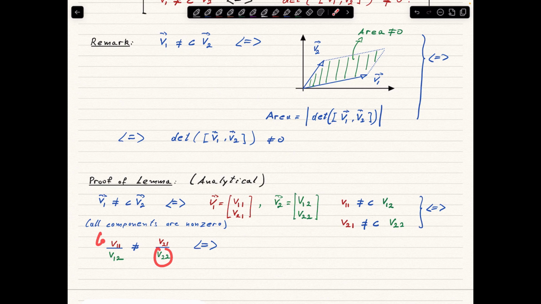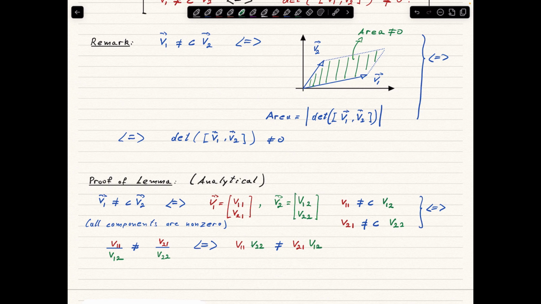We put this coefficient here and this coefficient here, and then let's start with the red: V11 multiplied by V22 has to be different from V21 multiplied by the other, which is V12.